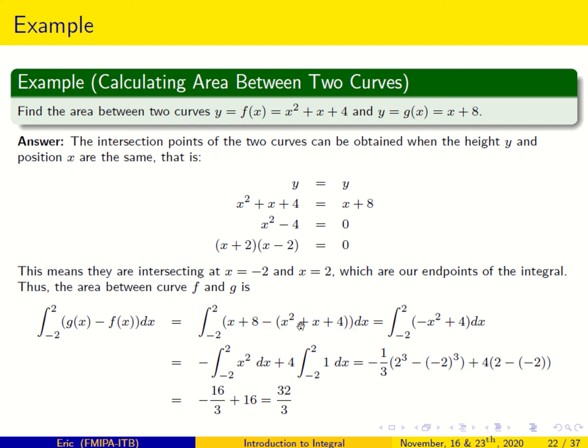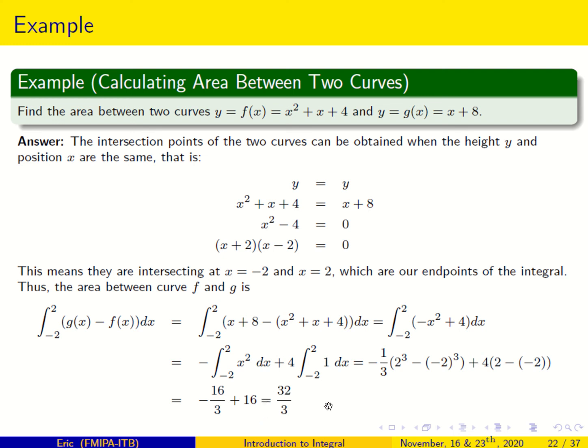I can simplify this and use properties of the integral. Using the formula for the definite integral, we have minus 1/3 x cubed from minus 2 to 2, that is 2 cubed minus (minus 2) cubed, plus 4 times 2 minus (minus 2), because the antiderivative of 1 is just x. I substitute 2 and minus 2 and simplify further to get 32/3.